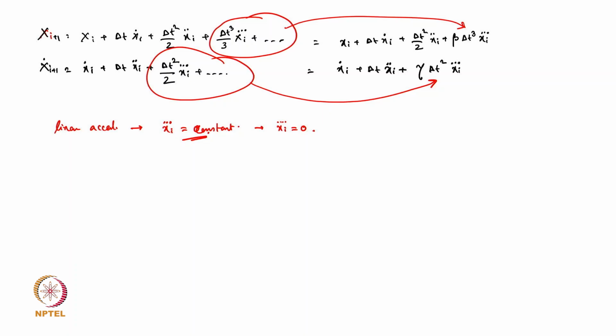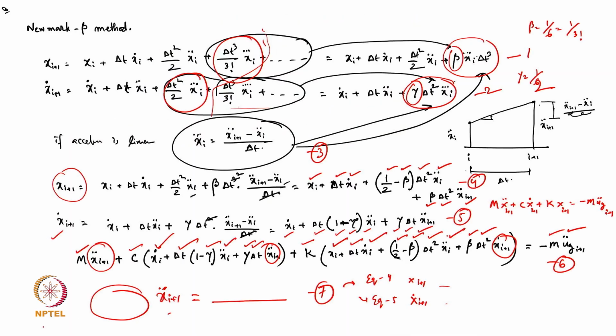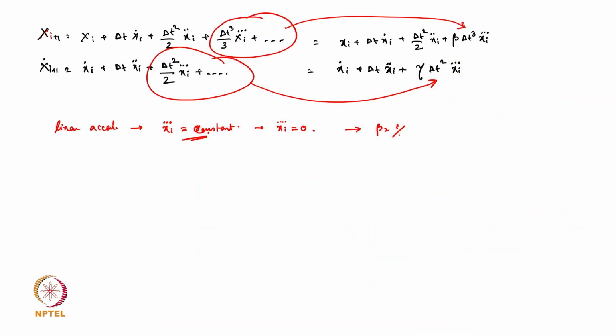Okay, whatever the higher order terms are coming, all are 0. So that means these terms actually get 0, and therefore for linear acceleration, beta will be equal to 1 by factorial 3, equal to 1 by 6, and gamma will be equal to half. That is the case for linear acceleration.